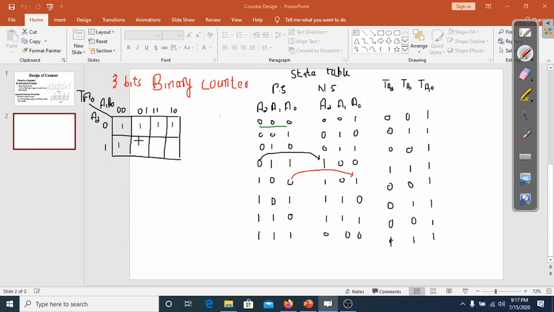For 1 0 1, it is 1. For 1 1 1, it is 1. For 1 1 0, it is 1. By simplifying this by Karnaugh map, I will get TA naught is equal to 1. This is the simplified expression for TA naught, which is equal to 1.